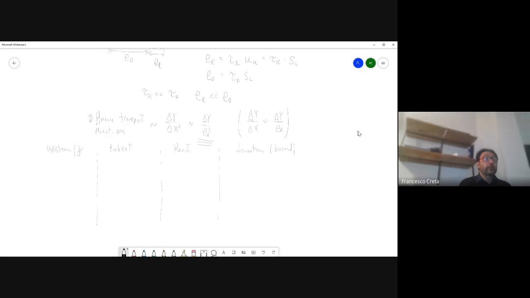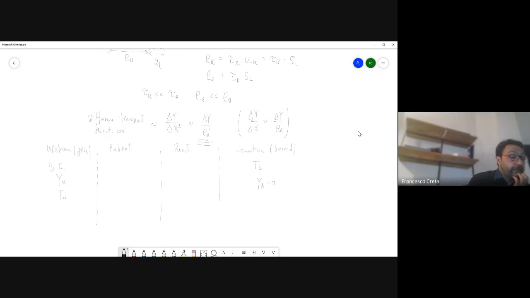Which is the fresh mixture. So the boundary conditions, BC, are unburnt or upstream temperature and concentration. Downstream, you have essentially TB and YB, which is equal to 0.